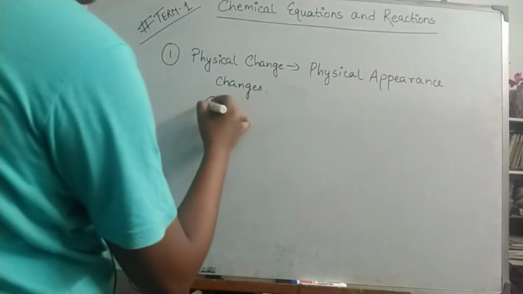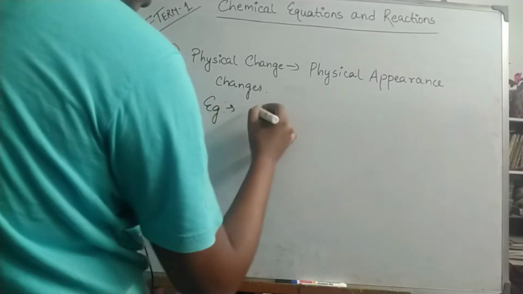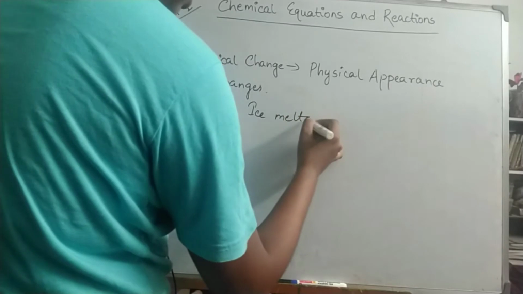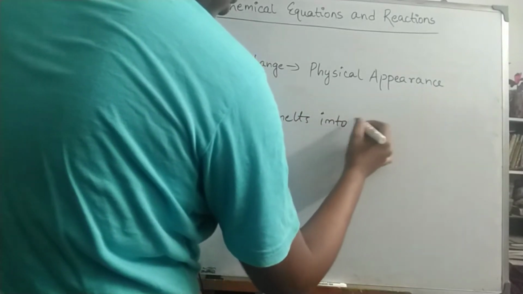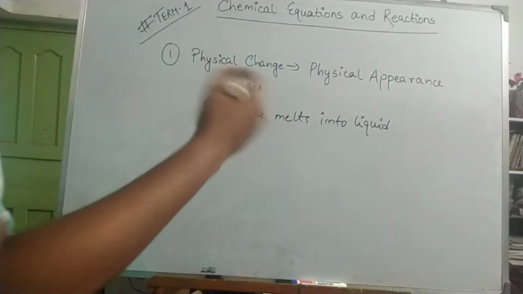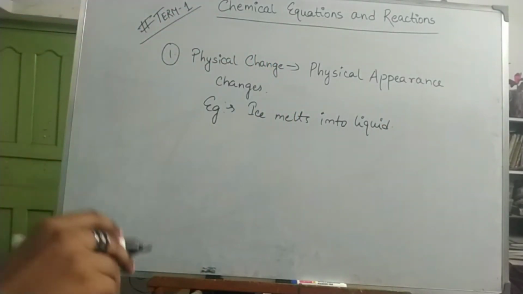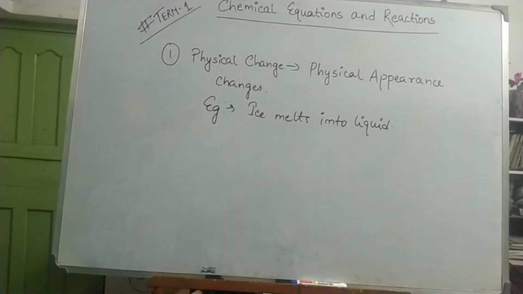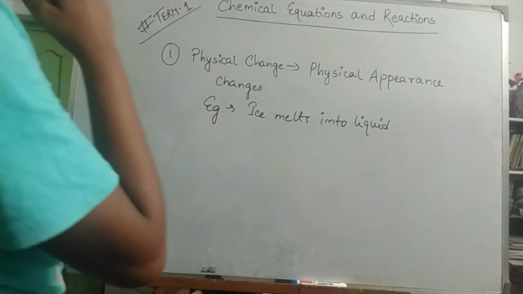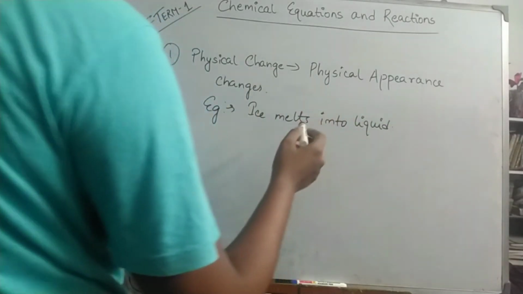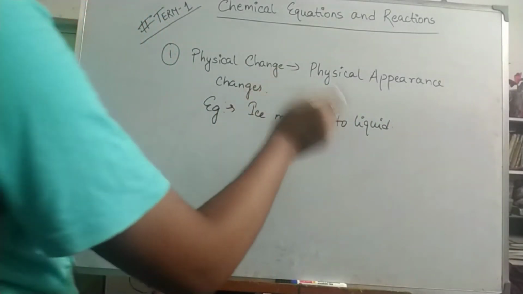That means an example is ice melts into liquid. Physical appearance changes, that means there is no chemical change in it. Ice melts into liquid. This is one example of physical change, but we can get back this ice by freezing the liquid.